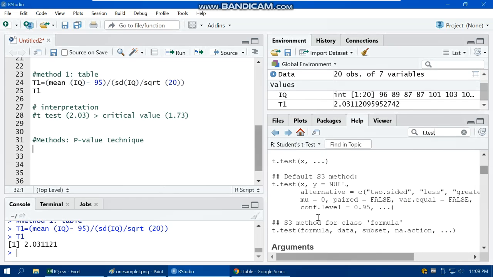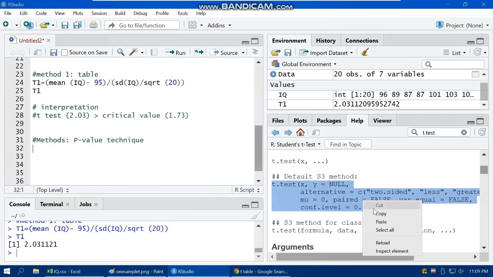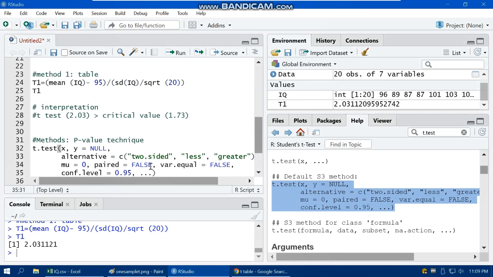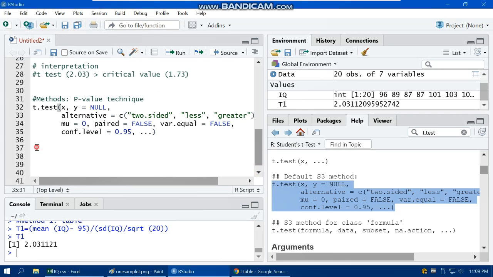And for the t-test, we have to put the vector name, which is IQ, as the first argument, and then we have to set these parameters. Okay, so let me just copy this and paste it here. So I want to do the t.test for the IQ, and I just have one variable, one group, so I don't need the second one.